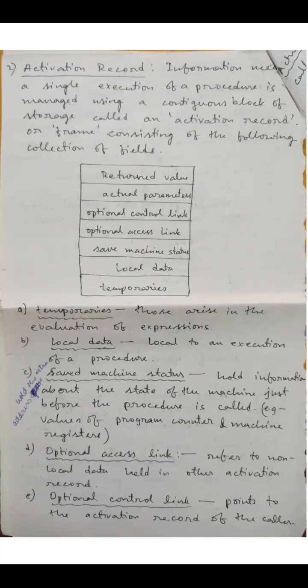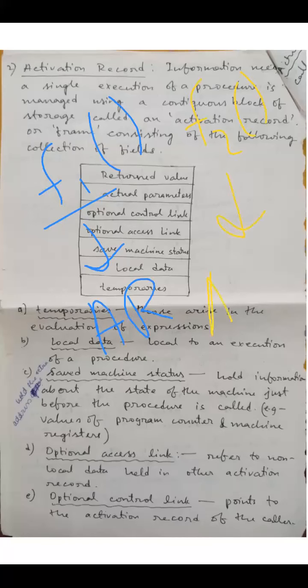Say you are executing function 1. Function 1 must have an activation record, say AR1. Now say you have called function 2 from function 1. Then for function 2 a new activation record, AR2, will be created.